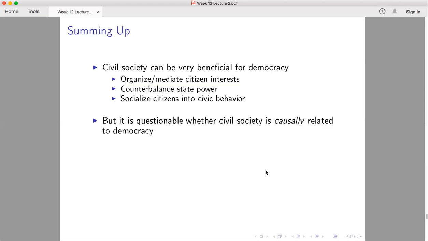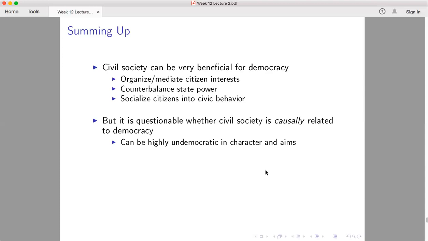However, it's questionable whether it's actually causally related to democracy. It's clear that these two things go together, but it's not clear that it's always a one-to-one relationship, that anywhere you have civil society, you're definitely going to have democracy afterward. The reason for this is that civil society groups themselves can be highly undemocratic in their values and in their goals.